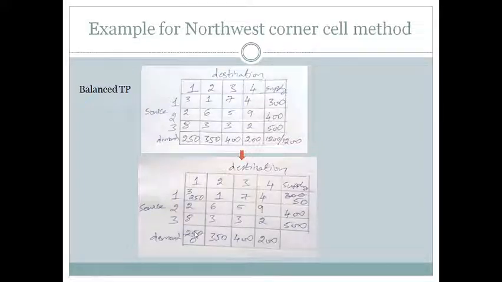In this case it is the demand value, 250. We put that 250 in the selected northwest corner cell. Then we subtract the X value from the demand value: 250 minus 250 gives 0. The same thing we do on the supply side: 300 minus 250 gives 50. So this is the first step.